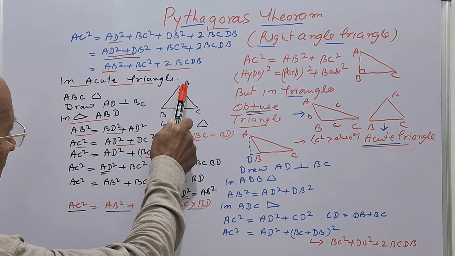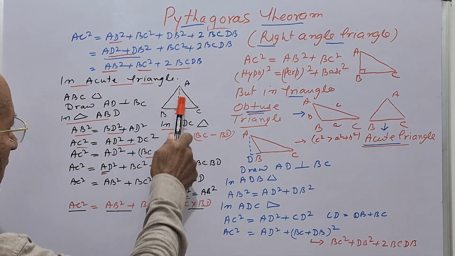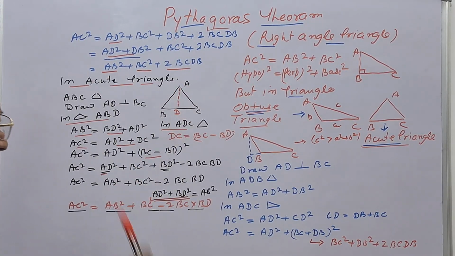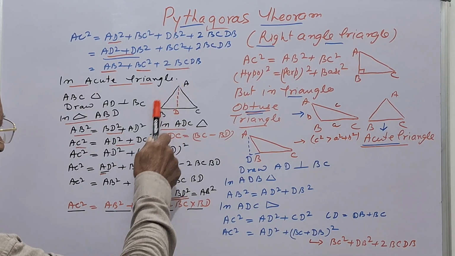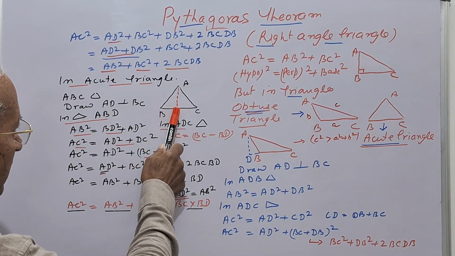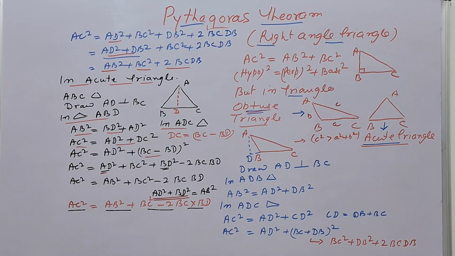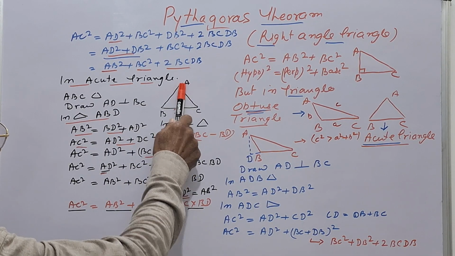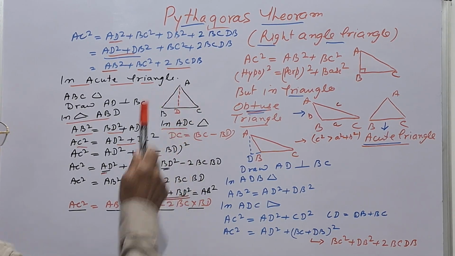Now here two triangles are formed, ADB and ADC. In the first case, ABD, AB square is equal to BD square plus AD square. And in the second case, AC square is equal to DC square plus AD square.